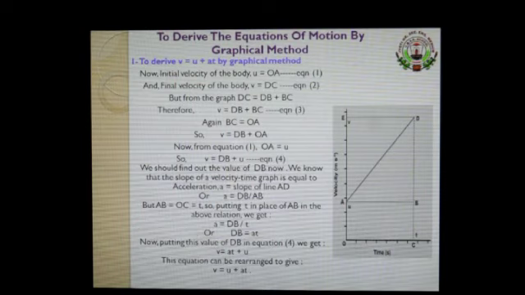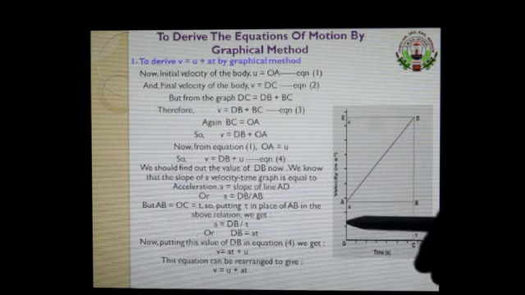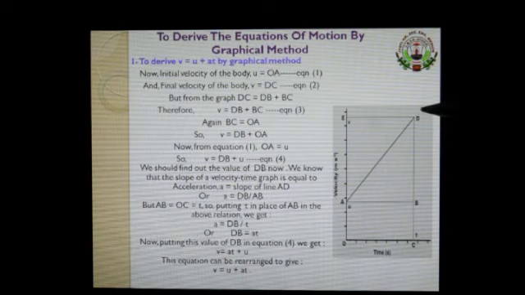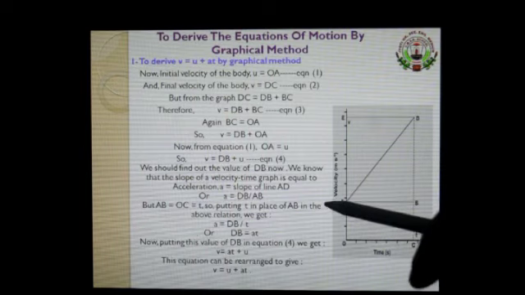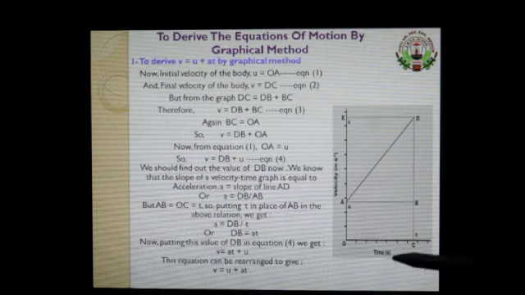We know that the slope of a velocity-time graph is equal to acceleration. In the previous class I had explained this. That is, a is equal to the slope of line AD, or a is equal to DB upon AB. But AB is equal to OC, which is equal to the time taken.